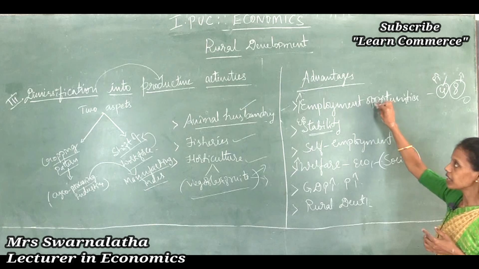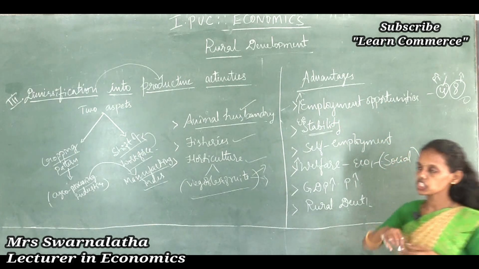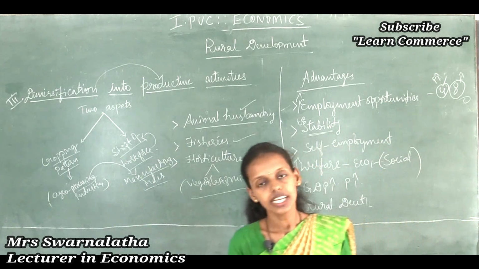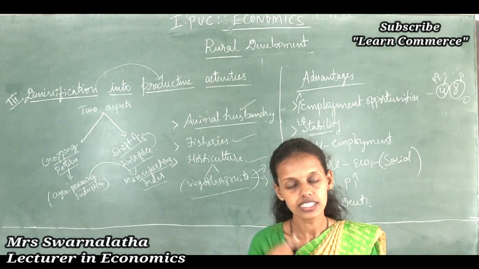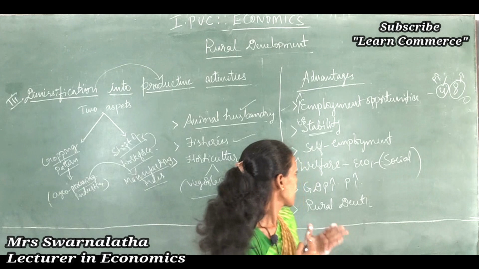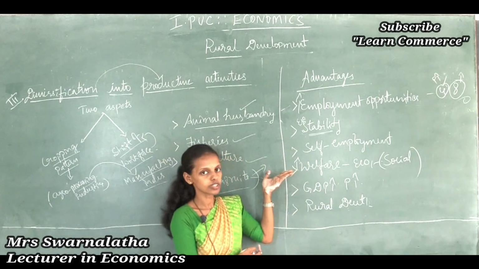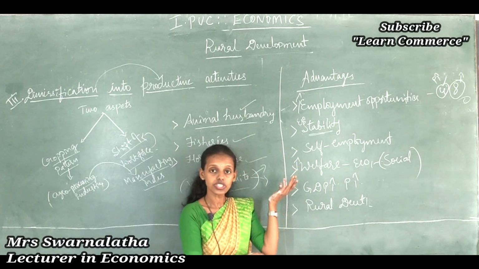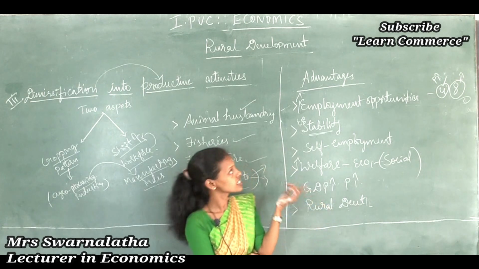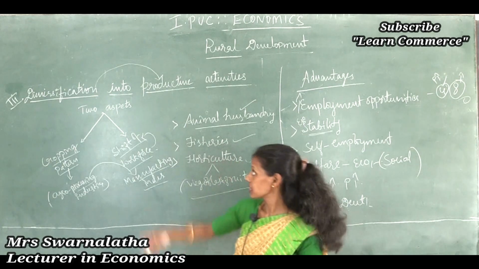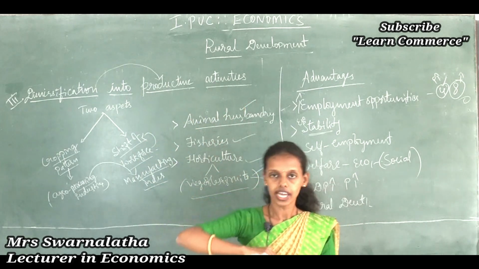Thus the main advantages behind diversification into productive activity are that it increases the standard of living, decreases poverty, increases employment opportunities, and also increases self-employment opportunities for women. So the status of women increased and the standard of living of women increased. It is because of the diversification into productive activities.